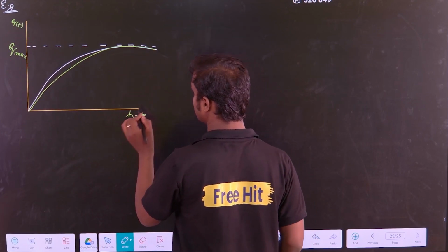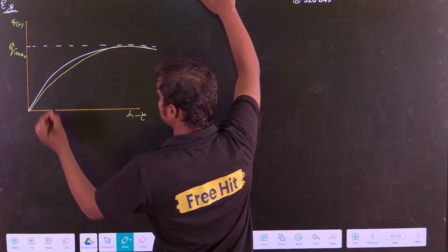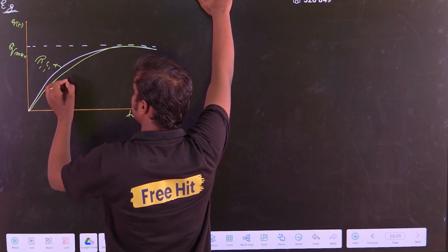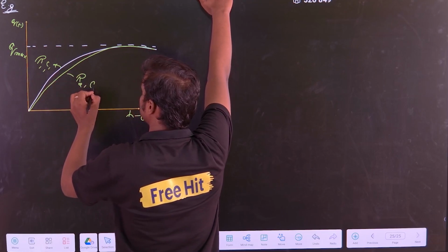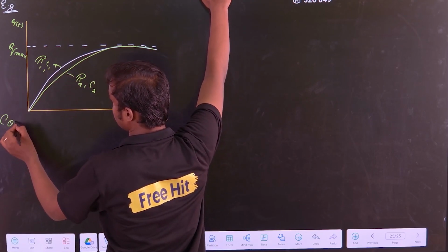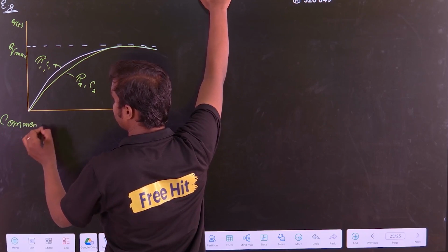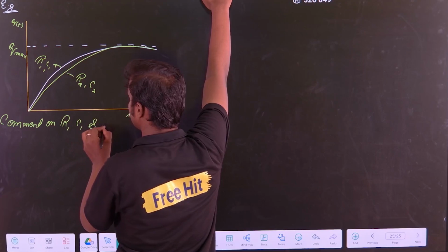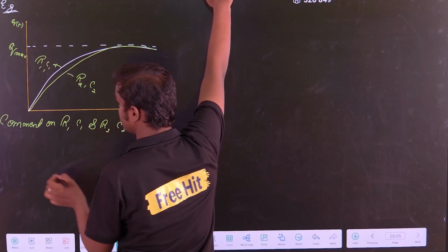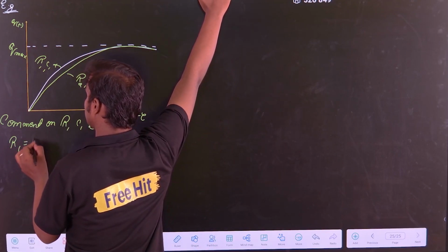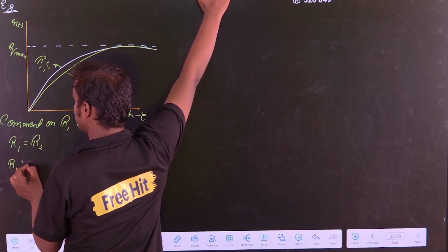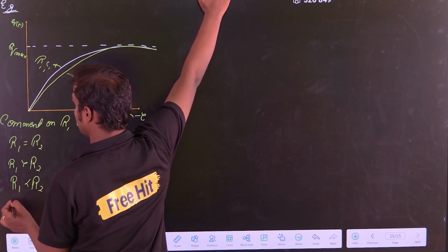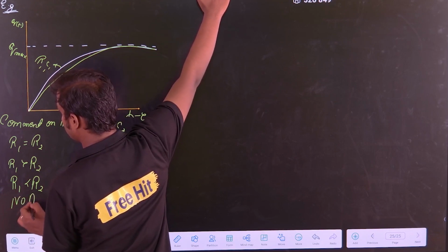The question is, this is for the R1 C1 pair, and this is for the R2 C2 pair. You have to comment on R1 C1 and R2 C2. The options are R1 is equal to R2, R1 is greater than R2, R1 is less than R2, none of the above.